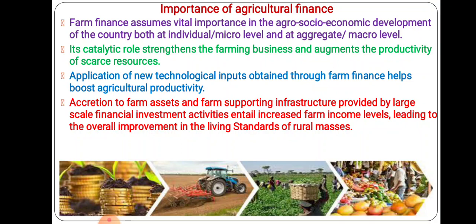What are the different large scale financial investment activities which are helpful to farm assets and farm supporting infrastructure, through which we can increase the farm income levels and improve the living standard of the rural masses?